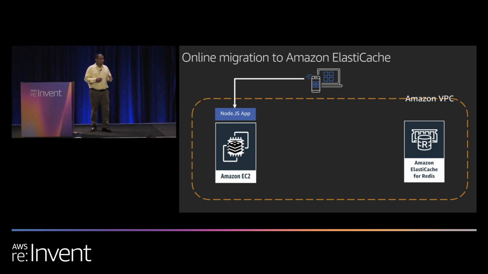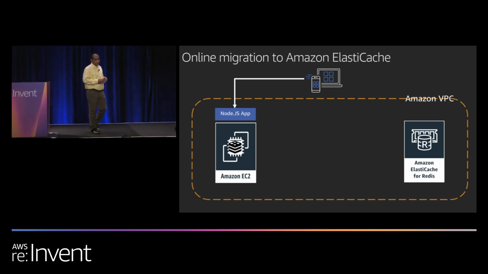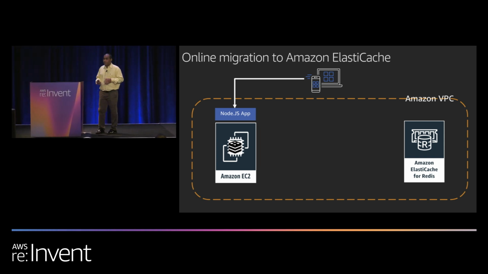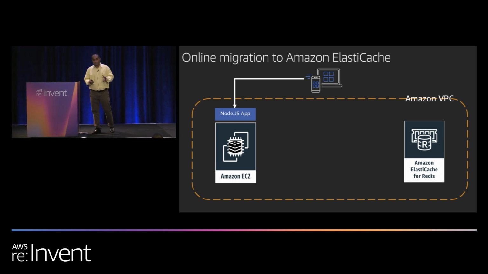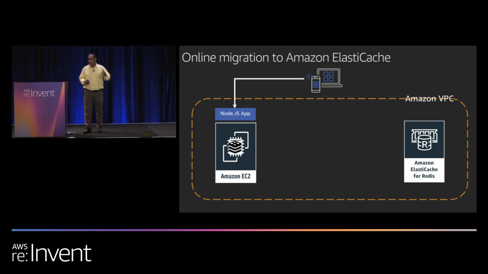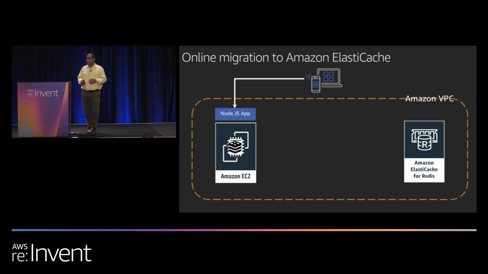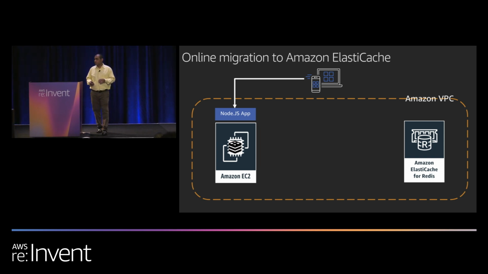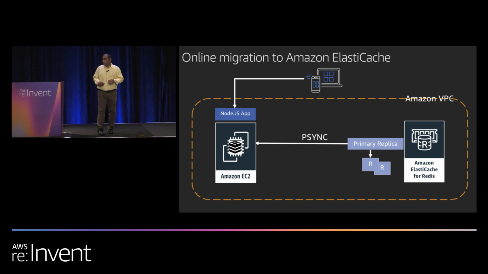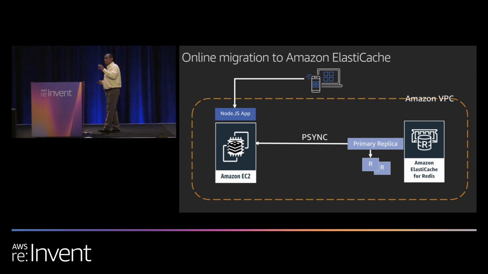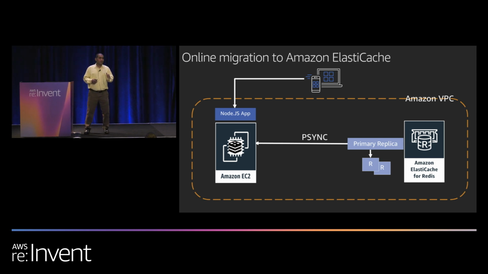Now, if you have a different VPC, you can do that as well. You just have to establish VPC peering, which is also simple to do, but those are the additional steps to take if you don't have the cluster in the same VPC. Once you start the migration, we're talking to your master on EC2 and establishing a replication stream.